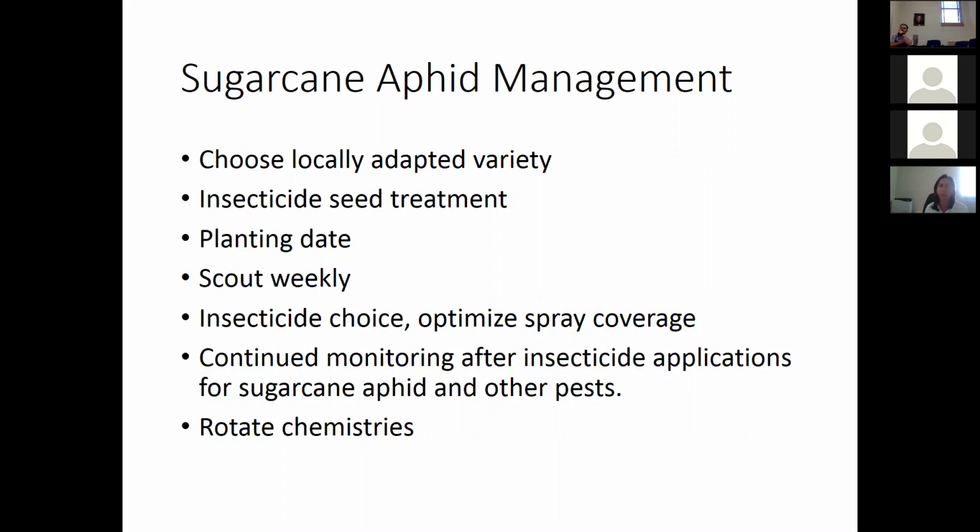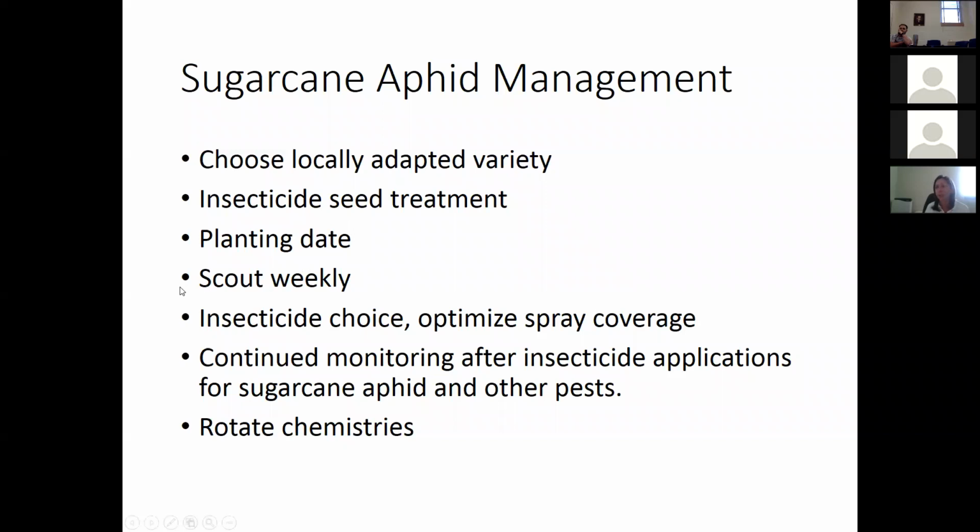In Alabama, I think they recommend earlier planting dates do better than later planting dates. And with early planting dates, you might also avoid a little bit of aphid pressure or deal with aphid pressure when the plants are at a later growth stage, which could also help decrease losses due to sugarcane aphid.